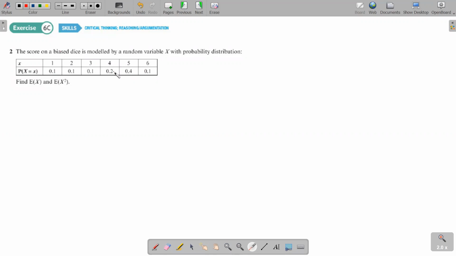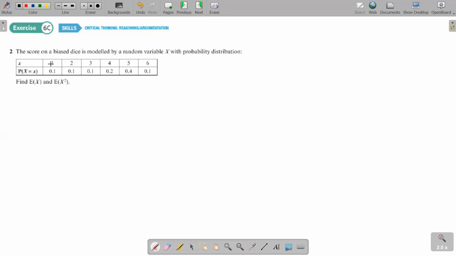So the way certain numbers occur, there is a difference. Which number has the highest chance of occurring? It's X equals 5, because X equals 5 has the highest probability.